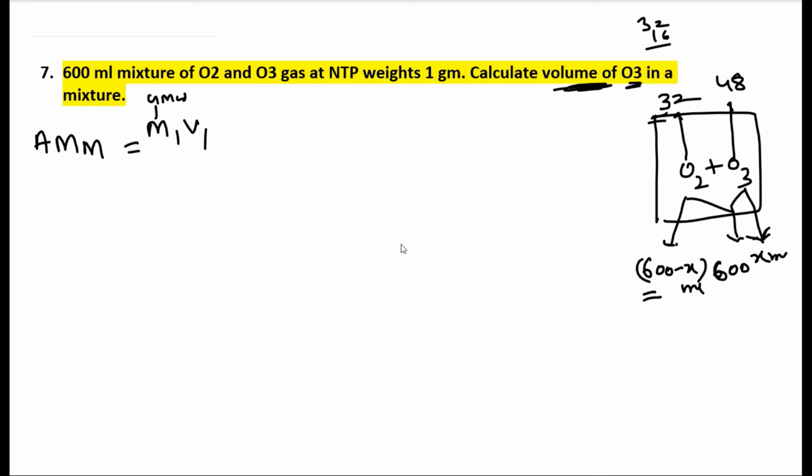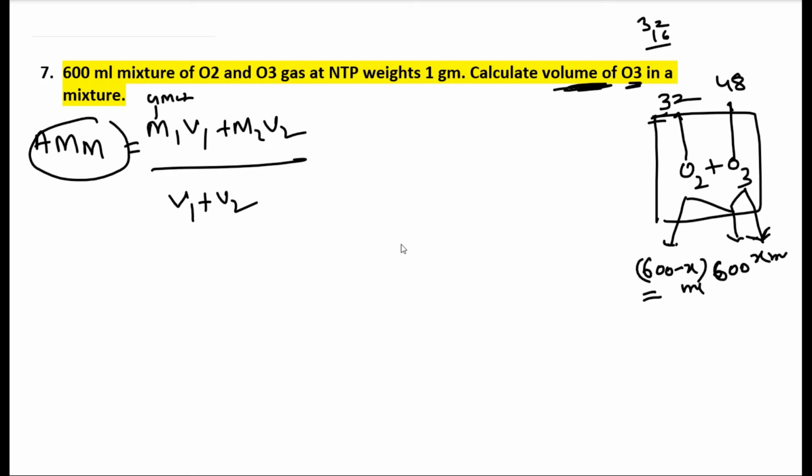First of all, we don't know the average molecular mass, which is nothing but the molecular mass of the mixture. M1 is 32, M2 is 48, V1 is 600 minus X, and V2 is X.